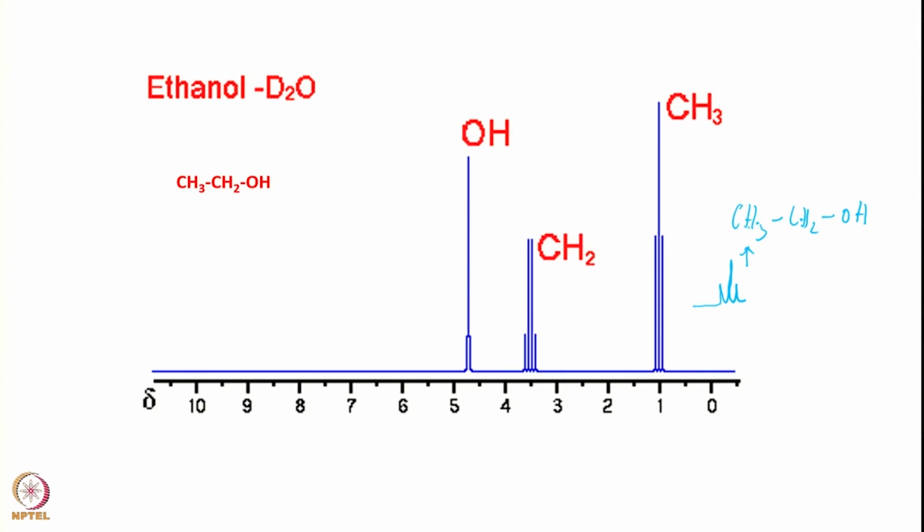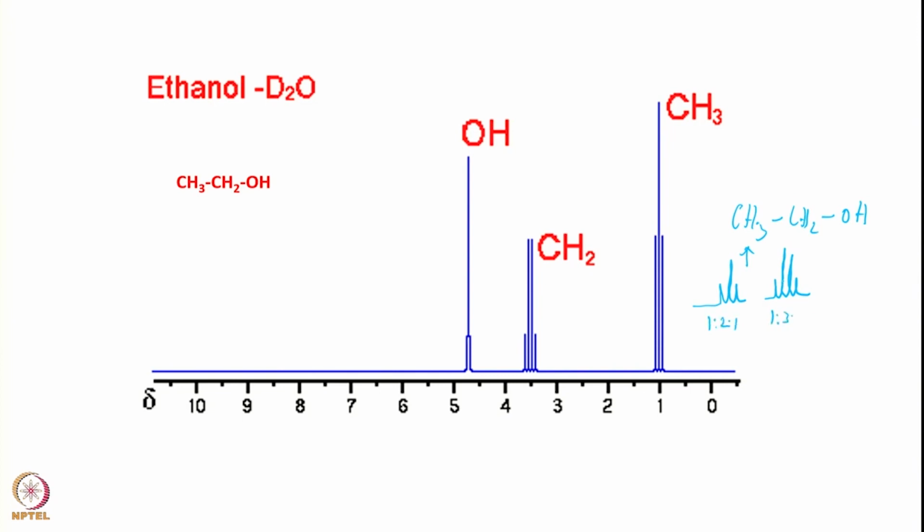So when you draw this pattern which I showed you earlier, you will get 8 lines because there are 3 couplings. Considering the merging of the peaks, you will generate a 1:3:3:1 pattern. This is 1:2:1.